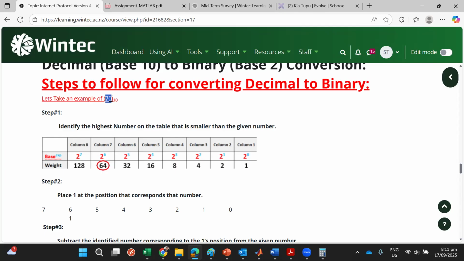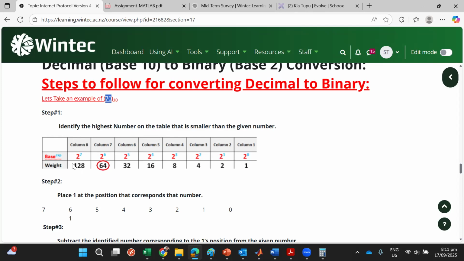So you are given a number, and you have to find in this table the maximum number that is smaller than it. You can see here the maximum number is 64, which is smaller than 70.